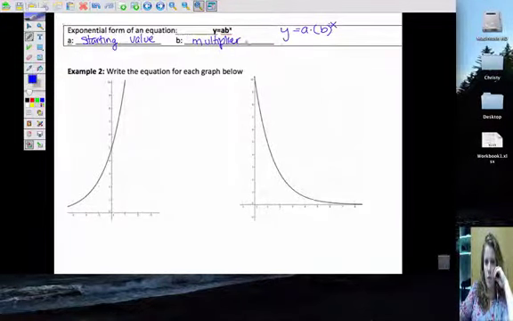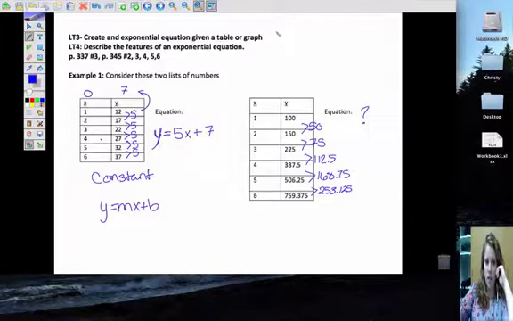Okay, so we're going to have, instead of a constant rate of change, a constant multiplier in exponential equations. So if we look at that, we need something where 100 times this something equals 150, 150 times this something equals 225, 225 times this something equals 337.5.